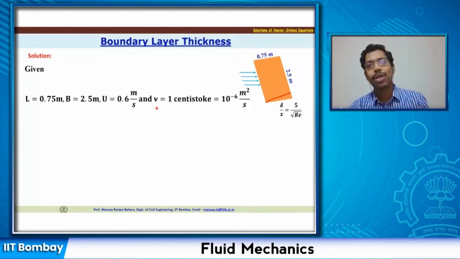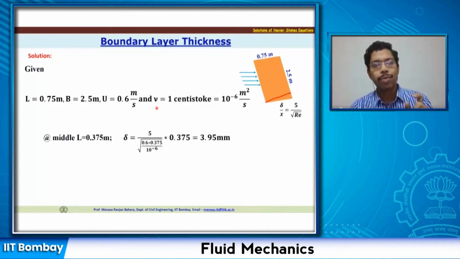We have to find out the value of boundary layer thickness at the middle of the plate. What is the length, or x? It is going to be 0.375 meter, half of the total length.